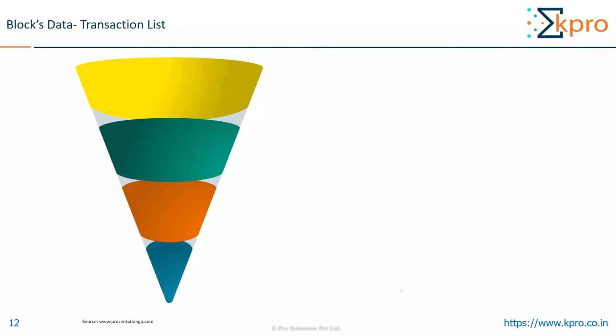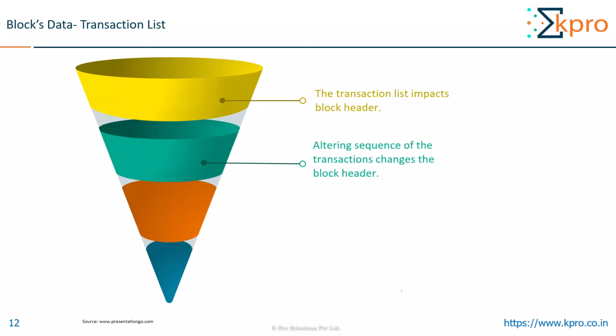Now let us see what this block's data, or this transaction list, is. The way the transactions are maintained in a block has a great impact on the block header. Even if the way the transactions are entered in a block is altered, it changes the block header.